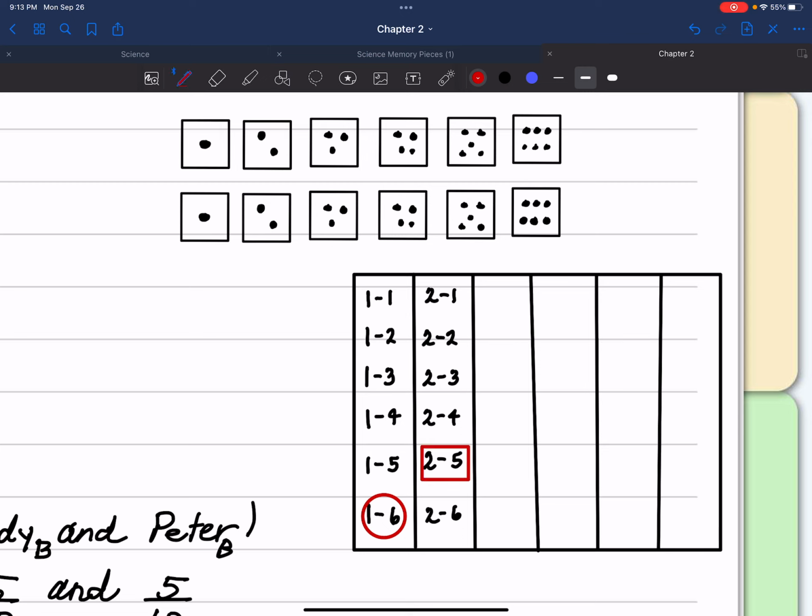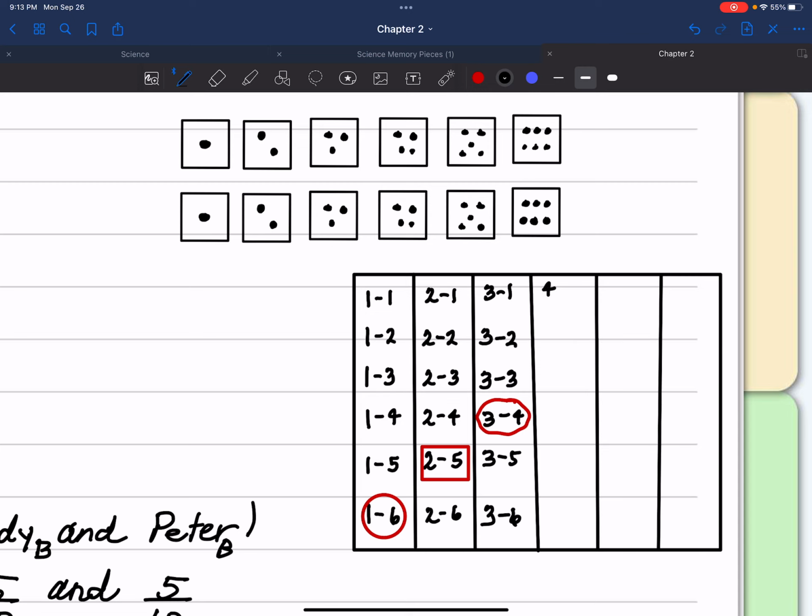Yes, right there. Okay, I could get a 3 on the first die. And then a 1, a 2, a 3, a 4, a 5, or a 6 on the second die. And so my 7 is right there this time.